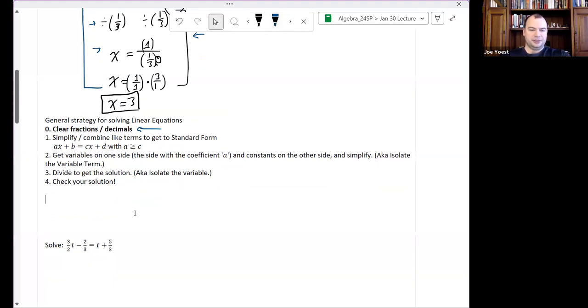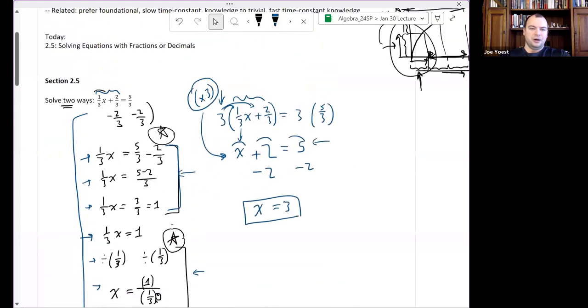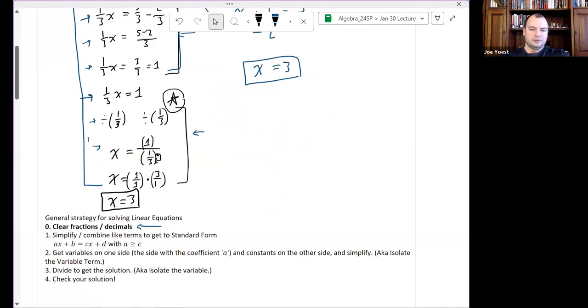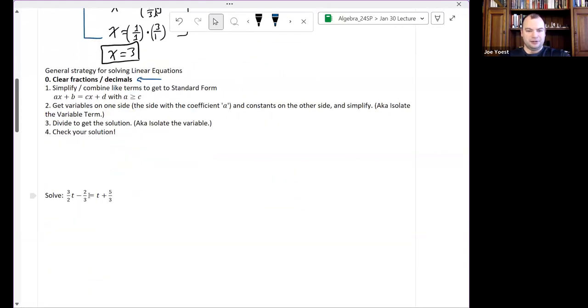How do I actually clear fractions? Well, up here, I suppose it wasn't too hard to figure out how to do it. I had the same denominator everywhere. In a problem like this, I have different denominators. So down here, I can't just choose to multiply by 3.